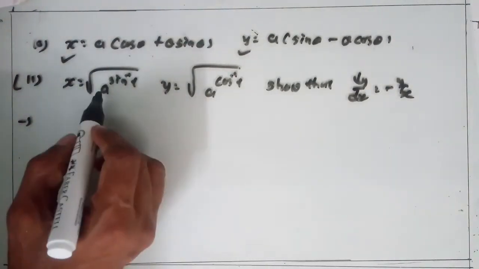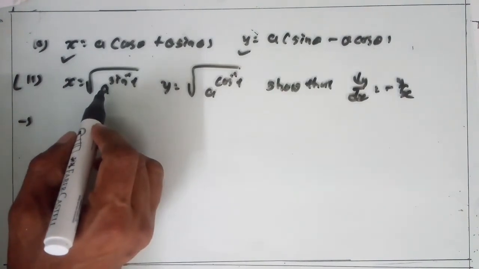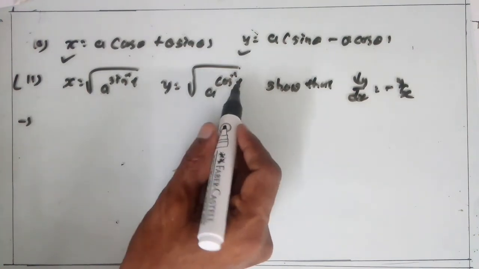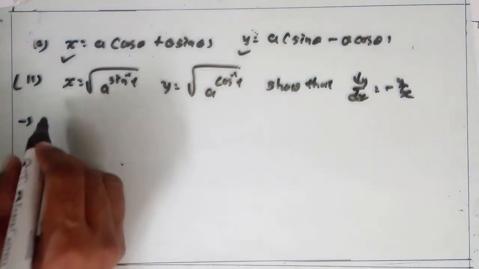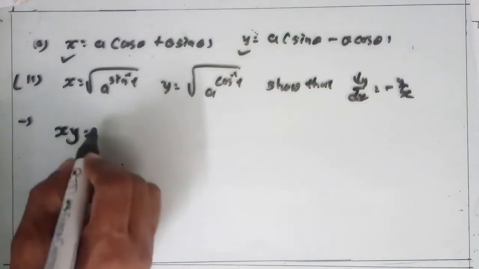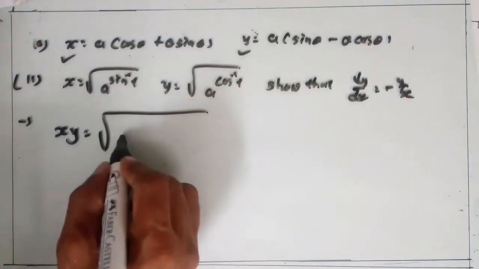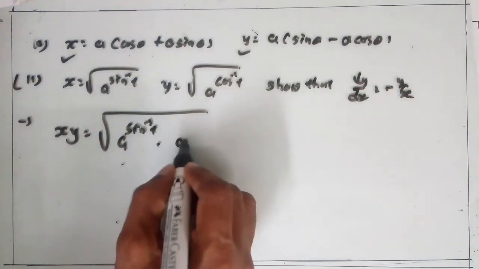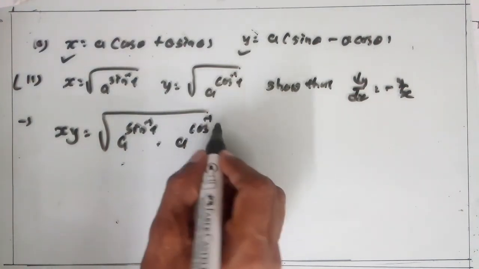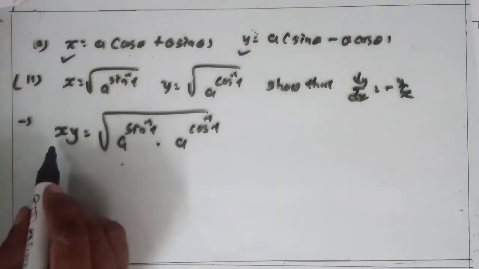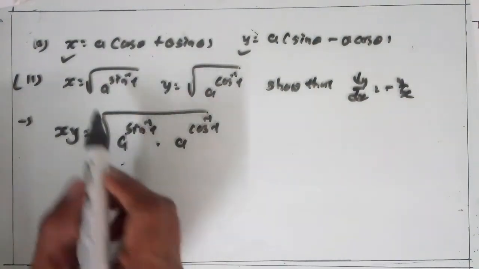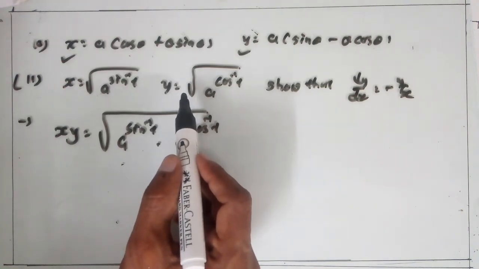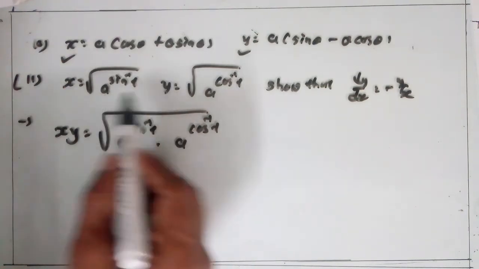Here x is equal to root of a raised to sin inverse t and y is equal to root of a raised to cos inverse t, given. So if we take multiplication of these two, then we get x into y is equal to root of a raised to sin inverse t into a raised to cos inverse t. Think why we take a product of these two terms. Here x and y are both functions with a base a.